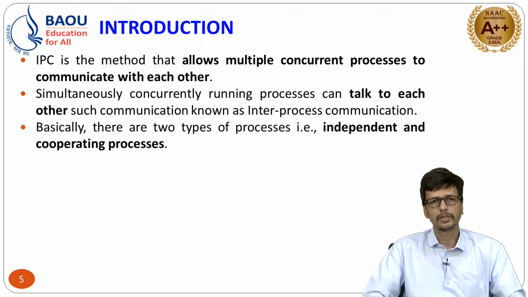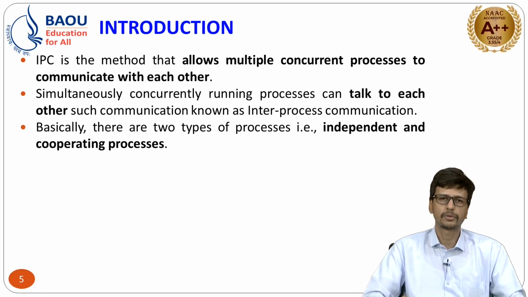Second type of processes is the cooperating processes, that is the core of this topic, inter-process communication, in which one process communicates with another, or more than two processes are communicating with one another, because whenever an operation is done by one process, some result may affect another process, or some process may pass a message to another process.